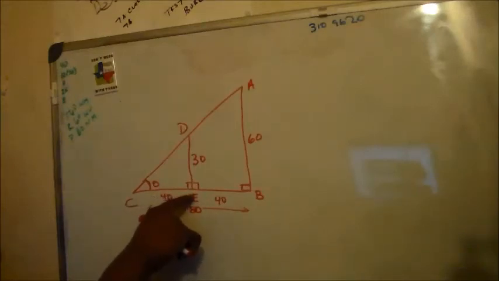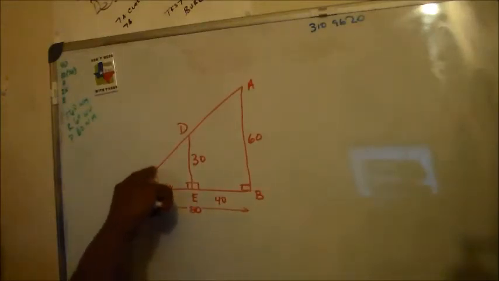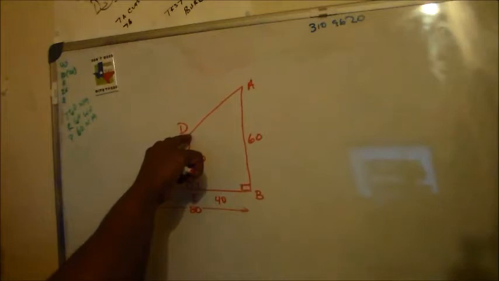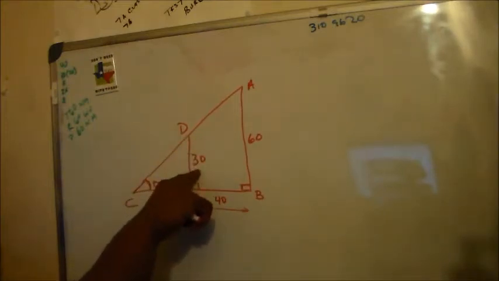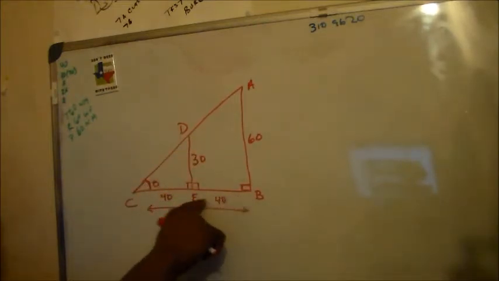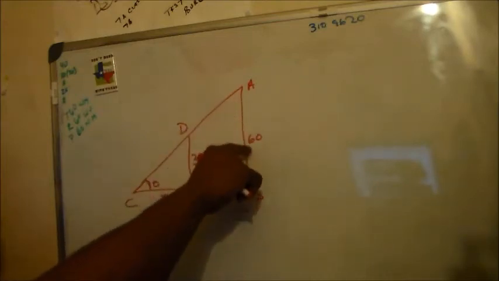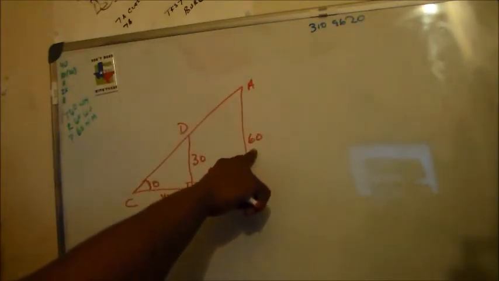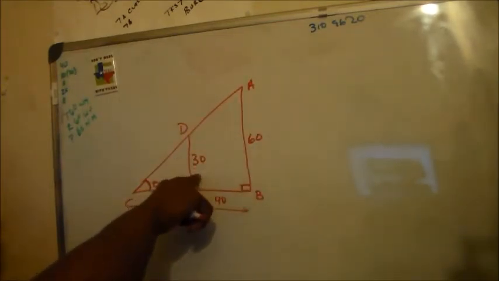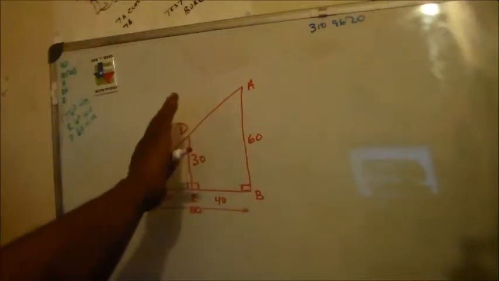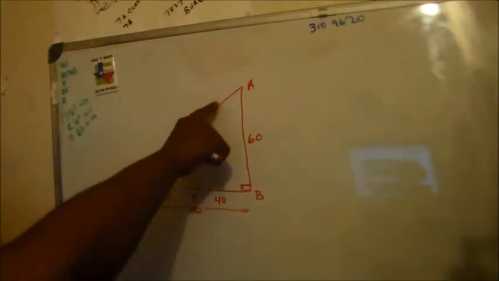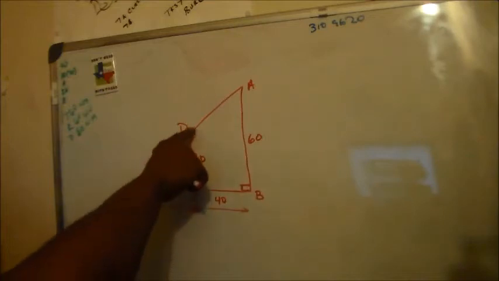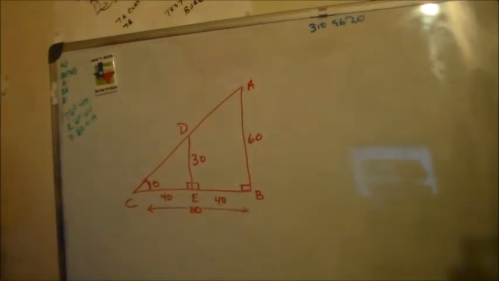So if we go 40 units, we're going to rise a certain distance, a height of 30 units. And if we double the distance, we basically double the height, which is 60 here, that was given in the question. So ultimately, the question is asking what is the perimeter of this quadrilateral.